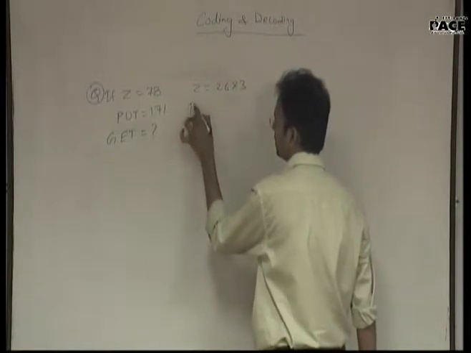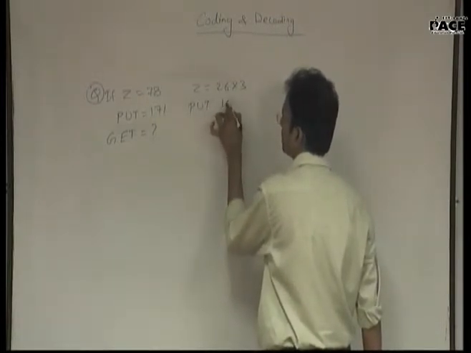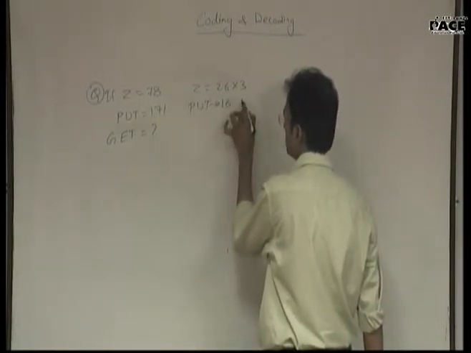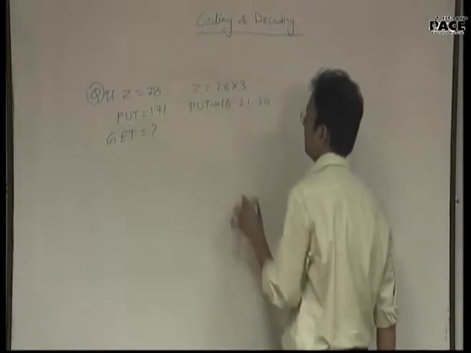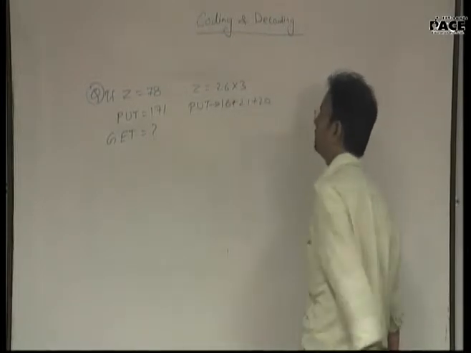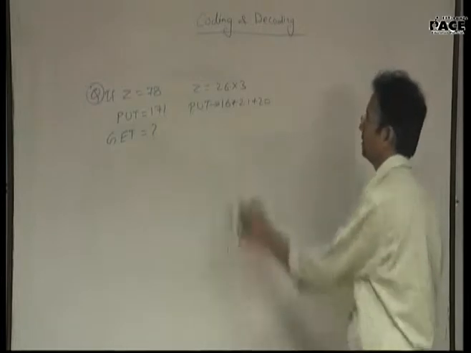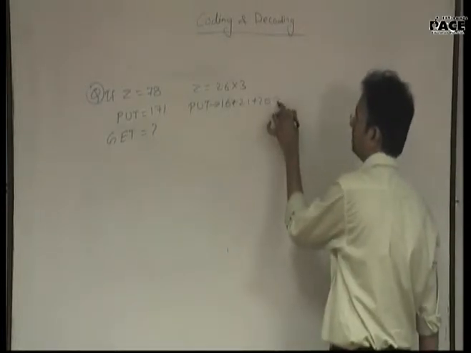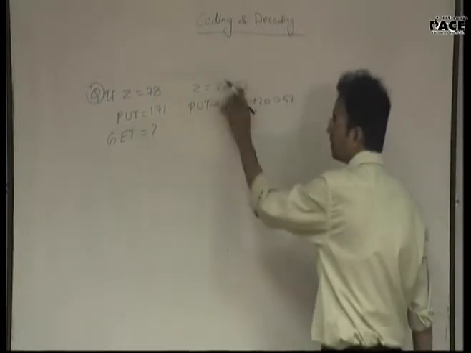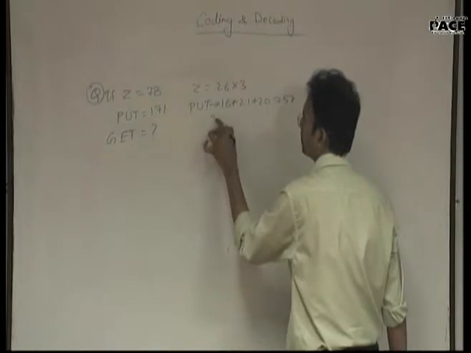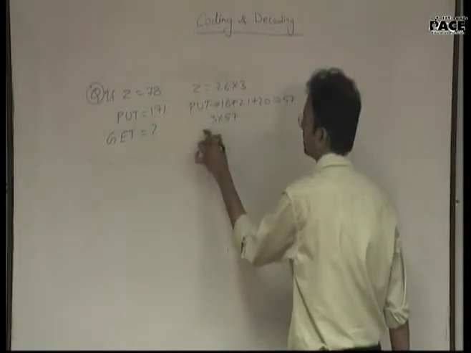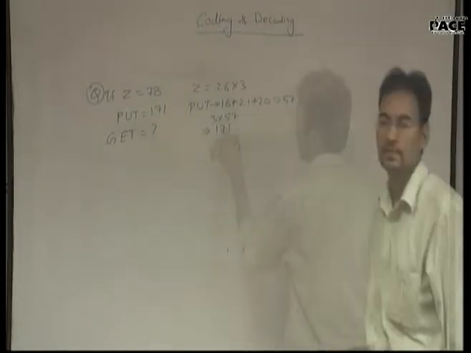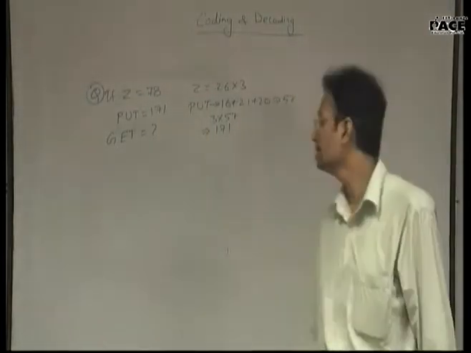Similarly, PUT, if we take the values 16, 21 and 20 and sum them up, that is 37, 57, and 3 times the same value will give us 171.